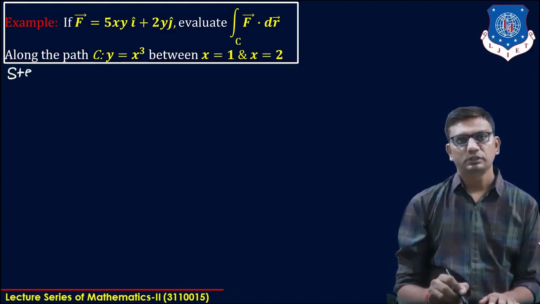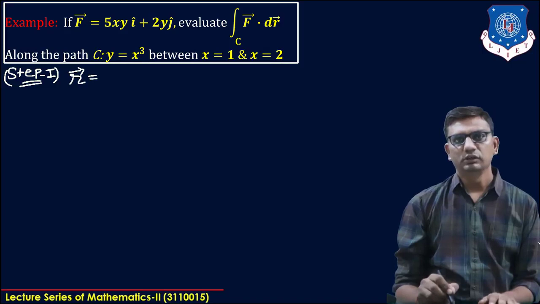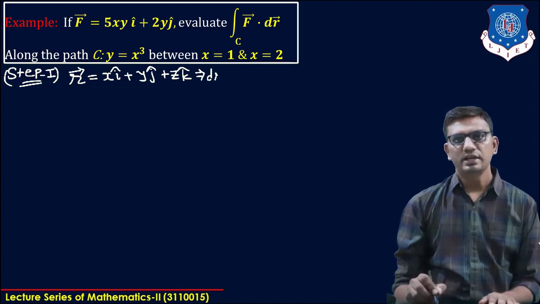Here, step 1: r bar equals x i caret plus y j caret plus z k caret. So here dr bar equals dx i caret plus dy j caret plus dz k caret.